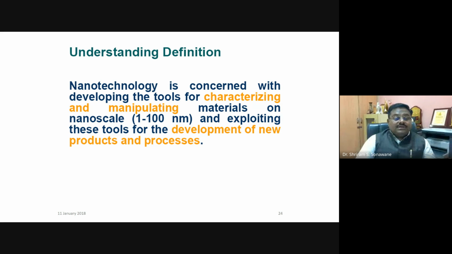Characterization is very, very important. So nanotechnology is also concerned with developing tools for characterization and manipulation of material at the nanoscale level, that is 1 to 100 nanometer, and exploiting these tools for the development of new products and processes is also a part of nanotechnology.